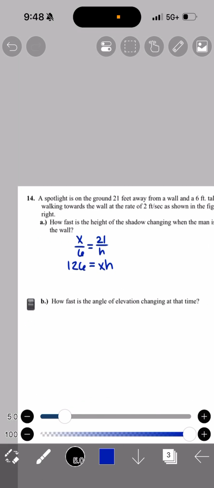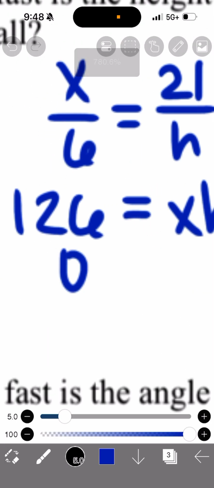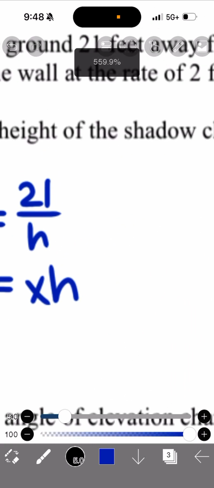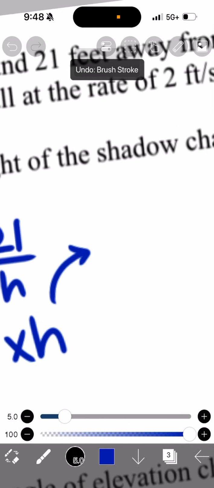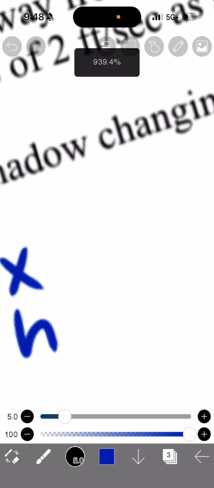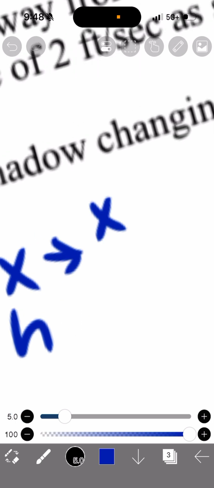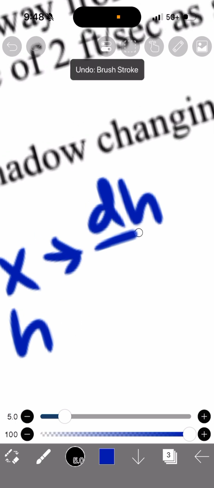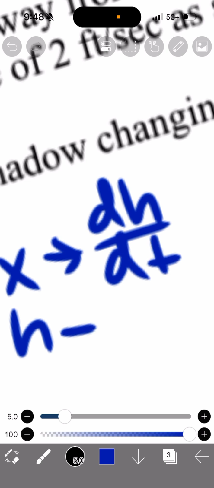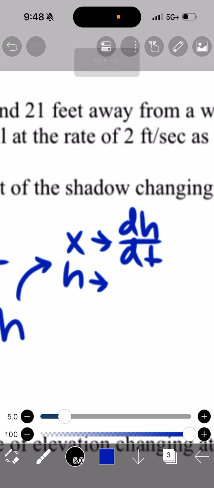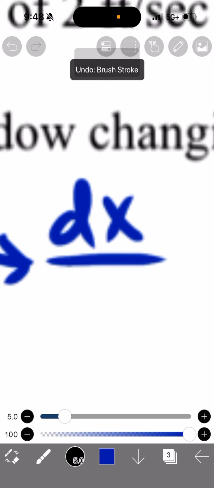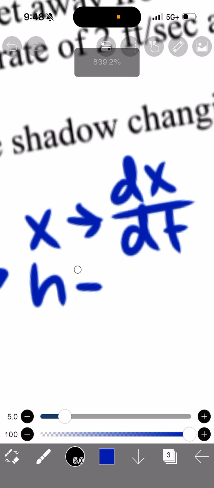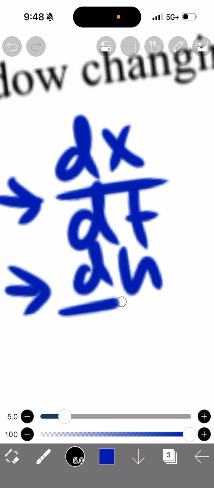From here, we want to take the derivative, which for 126 is just 0 because it's a constant. But then we need to do the product rule for x times h because these are two variables. The derivative of x is dx over dt, and same for h over here.